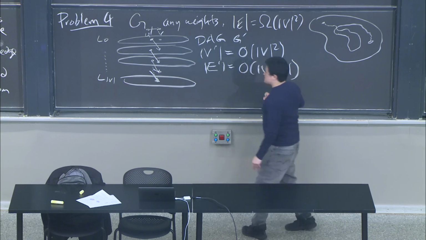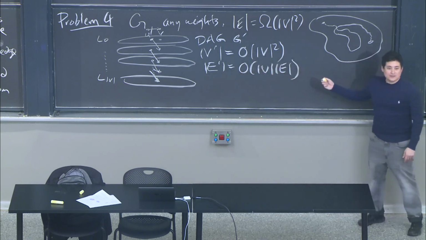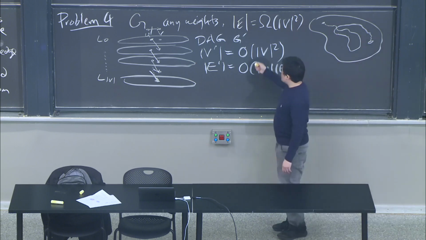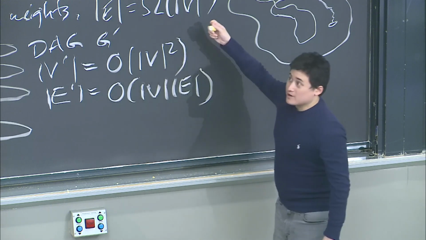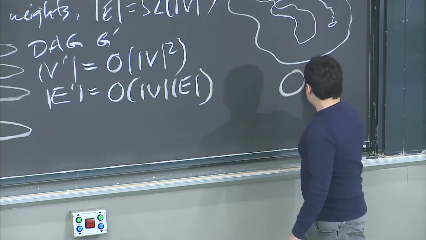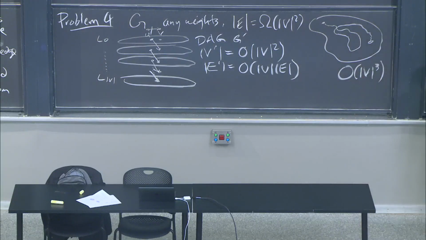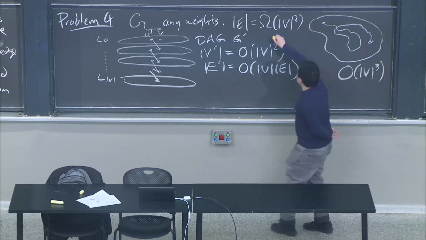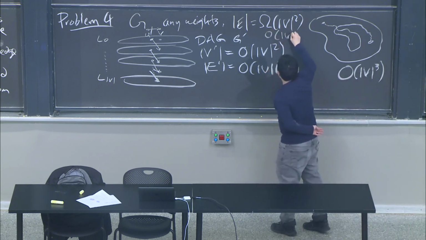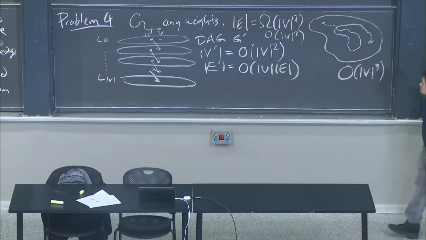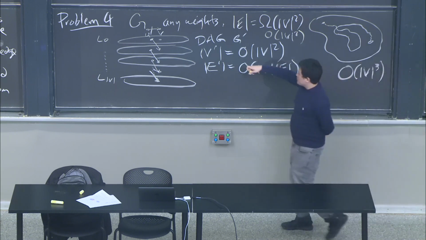Okay, so this graph is blown up. There's a lot of things in this graph. But I notice that this graph has size order v cubed, is what we're going for. So I can afford to construct this graph, since e is also upper bounded by v squared by simplicity. Okay, so we have this graph.